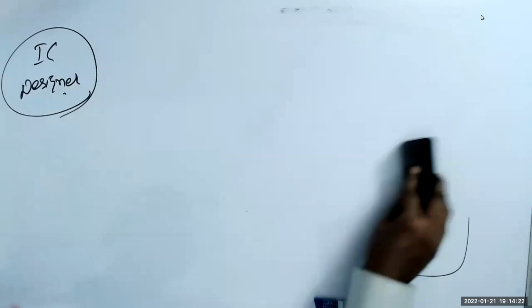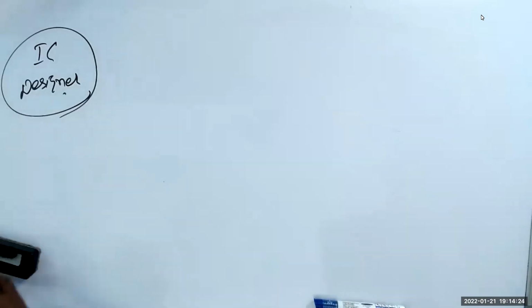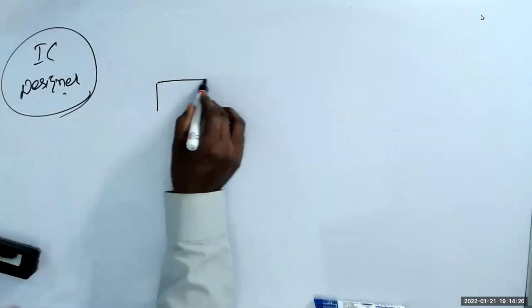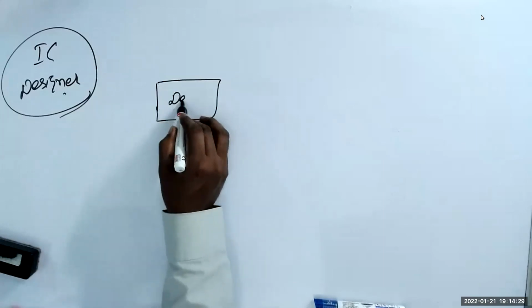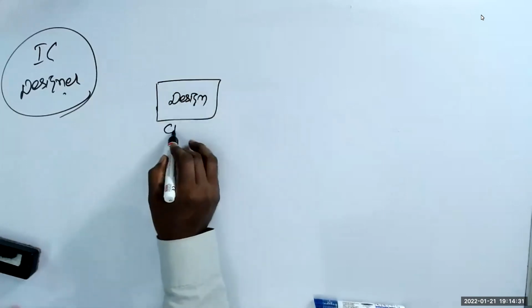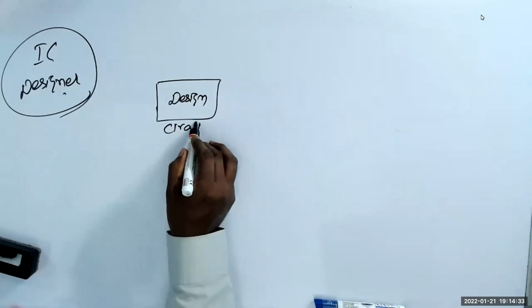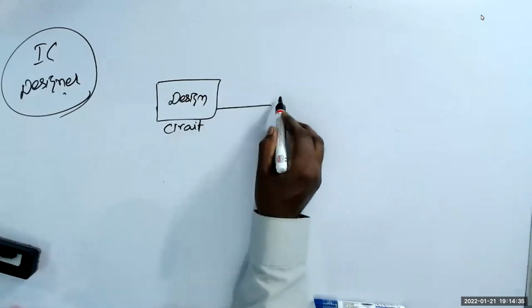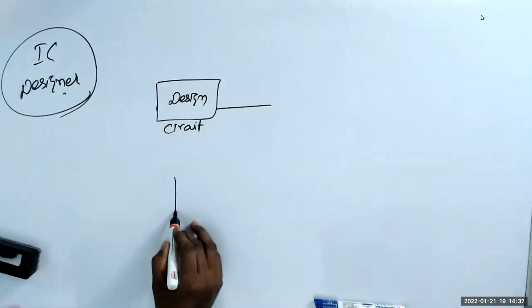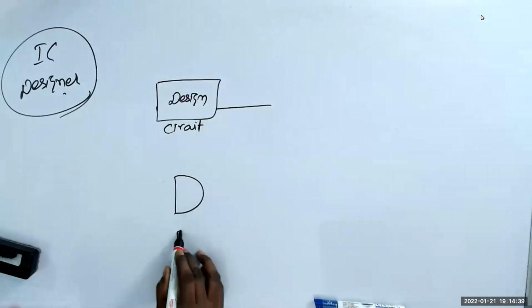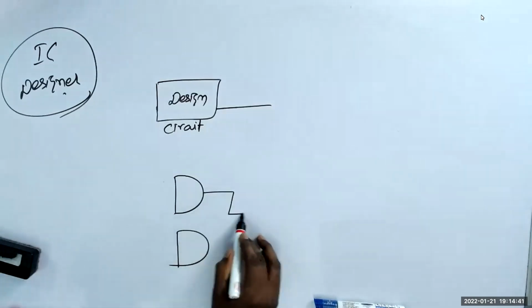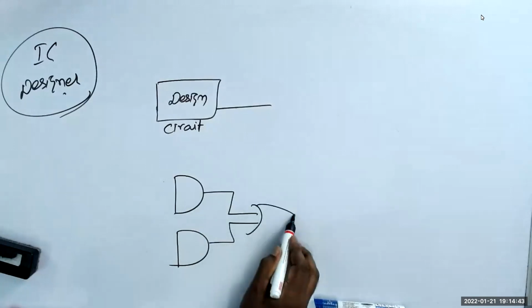One is, I make a design. Design means circuit. I give it to the company. Let us take a simple example. You see here, I have two AND gates and an OR gate, a simple design.